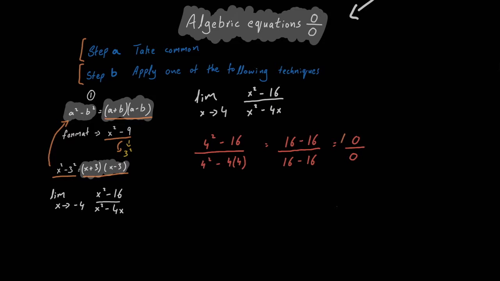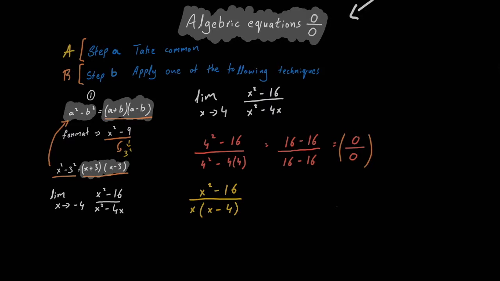Now whenever the answer is 0 divided by 0, we know that in order to find the answer, we have to manipulate the equation. Step A is to try taking common, so let's do that. In the numerator, we cannot take anything common, so it would remain the same, x squared minus 16. In the denominator, we can take x common, and it would become x minus 4.